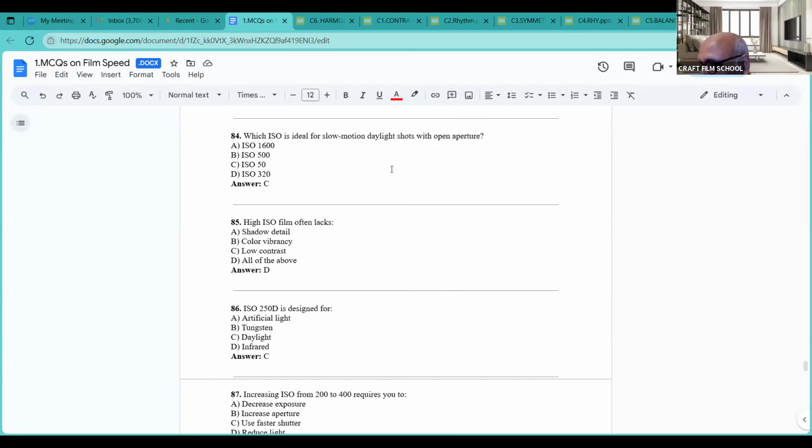Let's say I am shooting at 48 frame. When I'm shooting at 48 frames per second, I need more light. You got my point? So instead of 1/60th, in slow motion, I need more light.